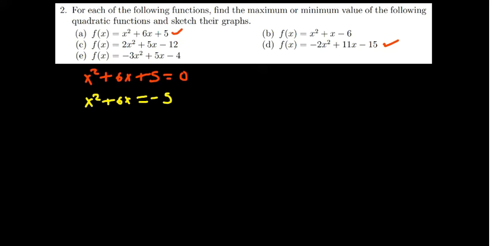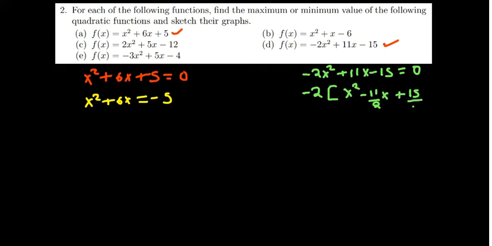So if you look at the other question, negative 2x squared plus 11x minus 15, for that one you have to factorize first, pulling out negative 2, and then divide the entire equation by negative 2. So you have x squared minus 11 over 2 x plus 15 over 2 is equal to 0.